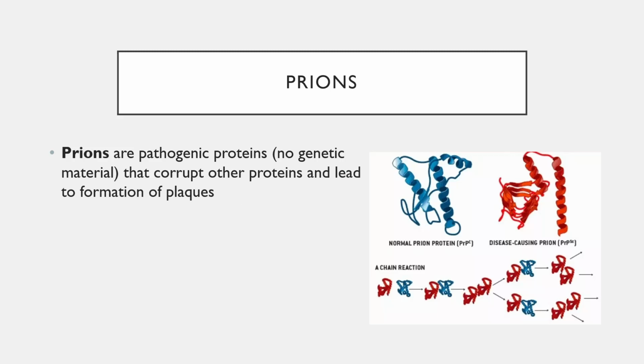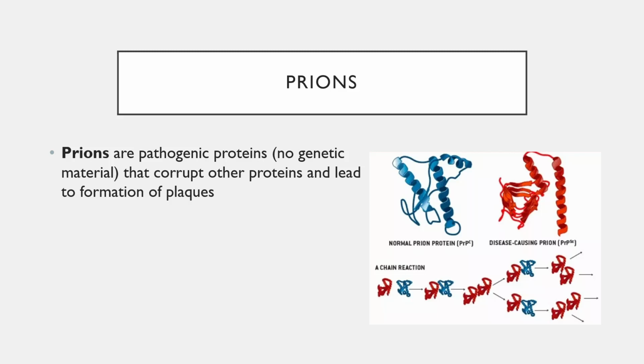Whereas viroids and virusoids are the genetic material without the protein component of a virus, prions are the protein without any genetic material. These are pathogenic proteins capable of corrupting other proteins and leading to the formation of plaques.